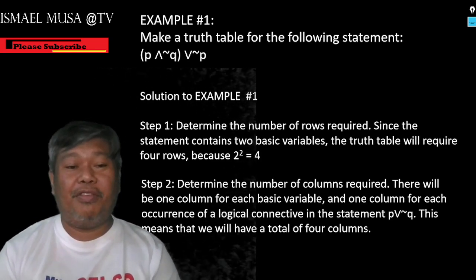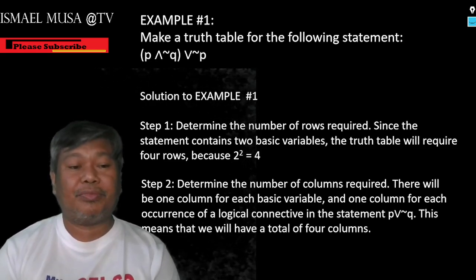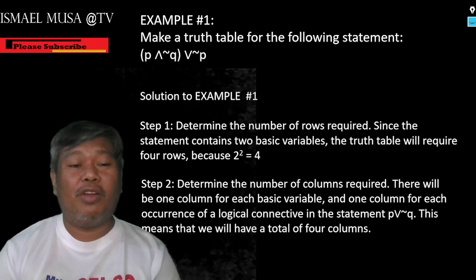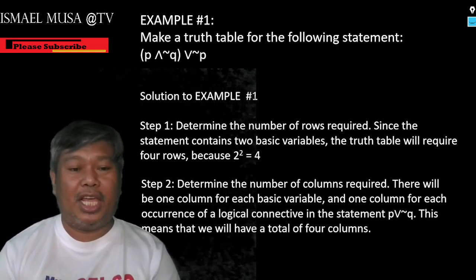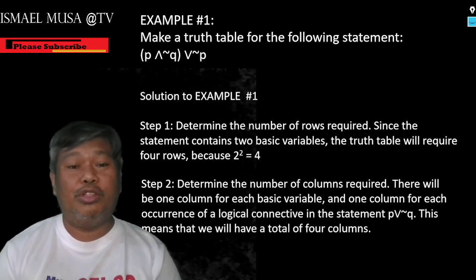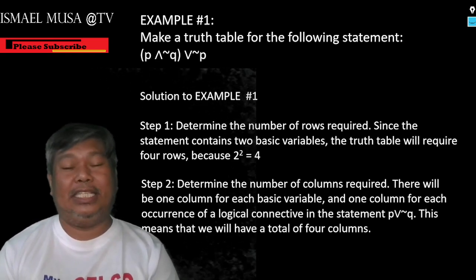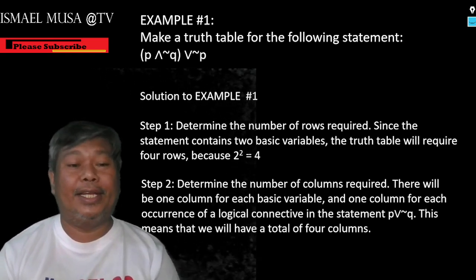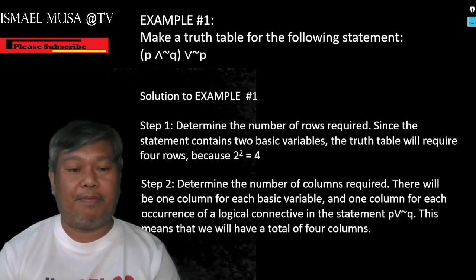Therefore, the truth table will require 4 rows, because 2 raised to 2 is 4. Now, to determine the number of columns required, there will be one column for each basic variable, and I would suggest also putting in the negation, so that it will be easy to look into. Then, the additional columns will be based on the logical connectives in the statement.